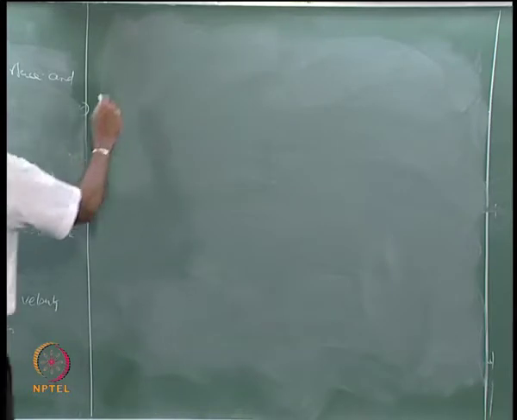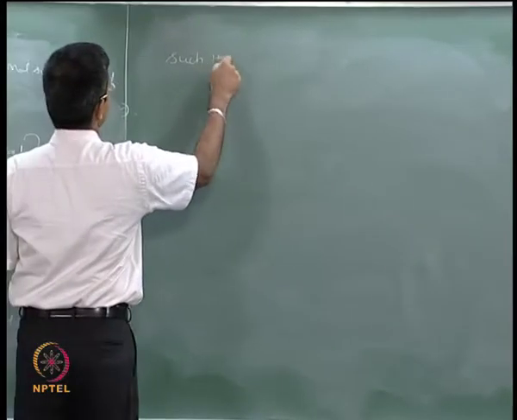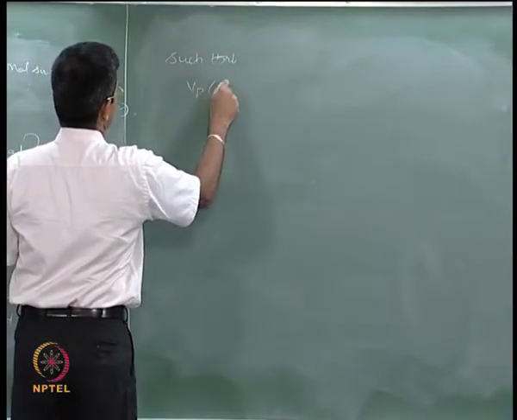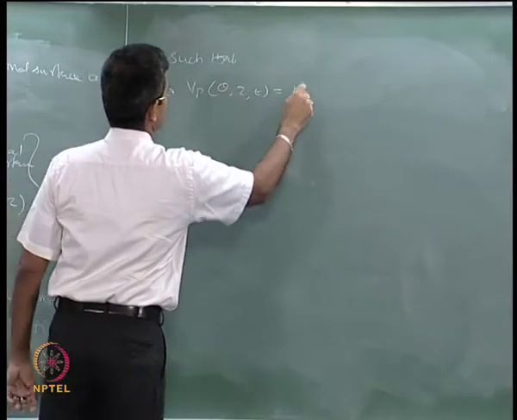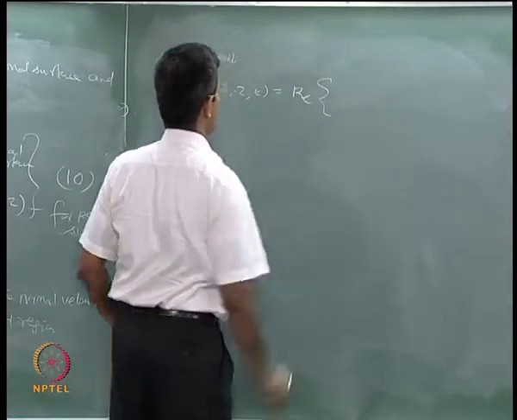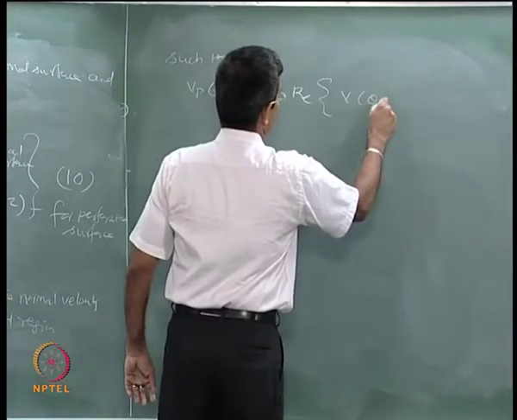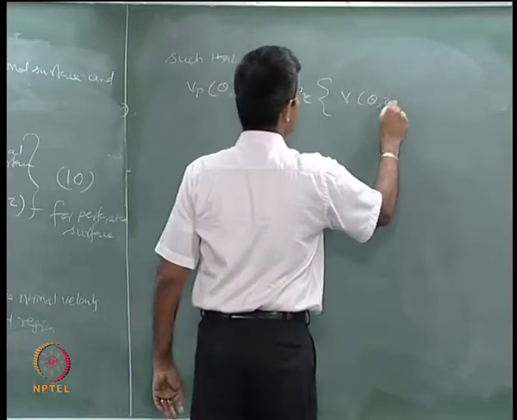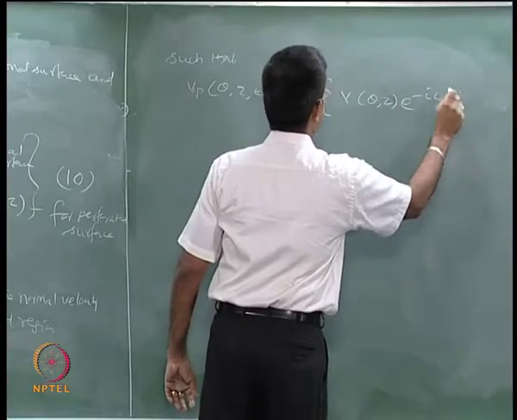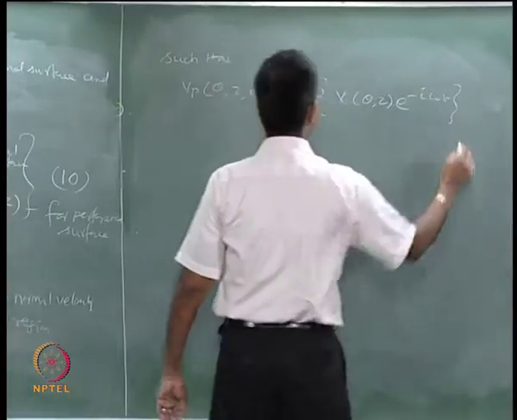Such that there is a condition which should be satisfied. Vp of theta z of t is real component of V theta of z e to the power minus i omega t. Call this equation number 11.